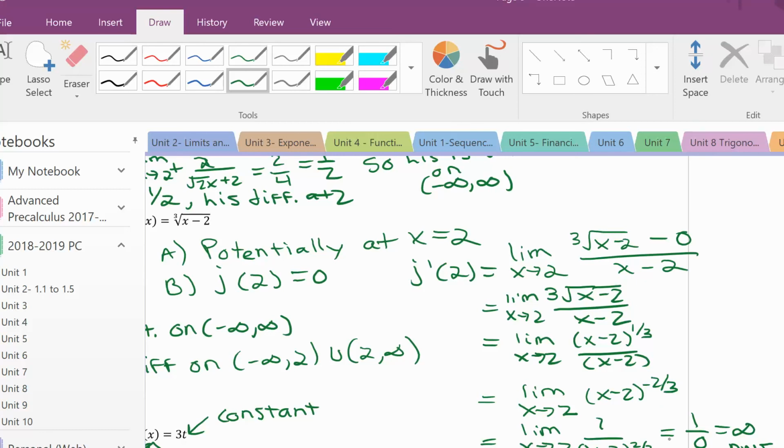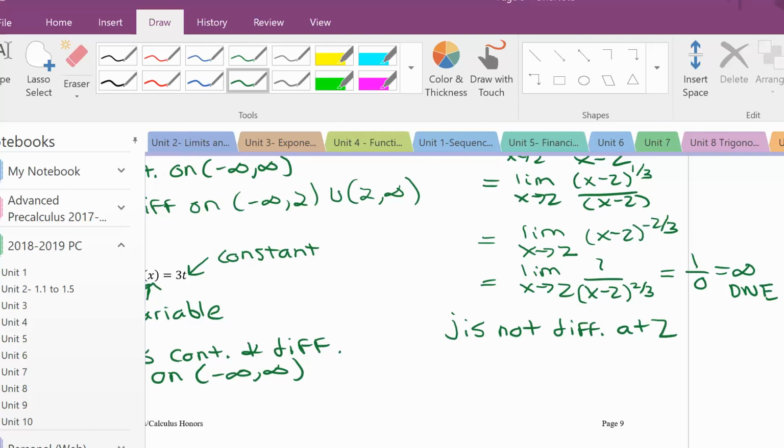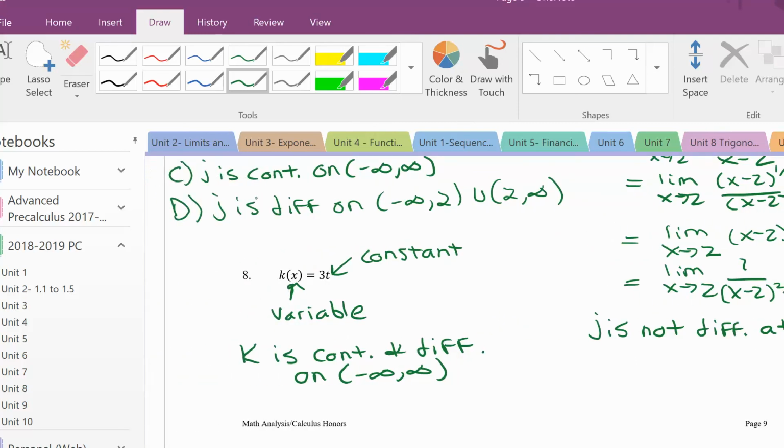When you do the algebra here, you get 1 over x minus 2 to the 2/3, and that means it's 1 over 0, which is undefined. So that means it's not differentiable at 2, which means that it's continuous everywhere, but it's not differentiable at 2.